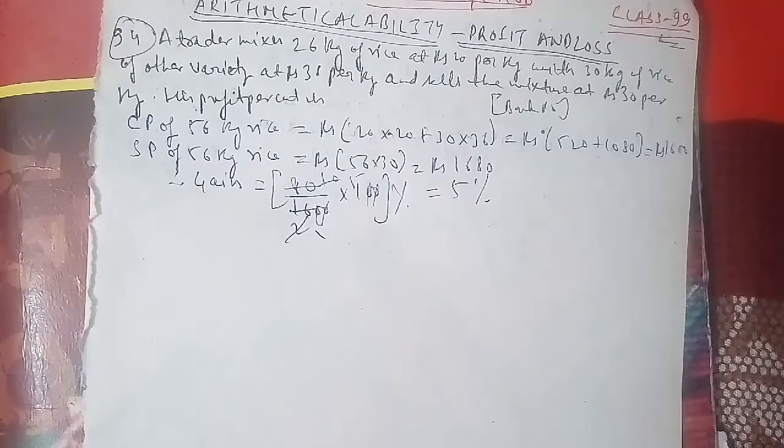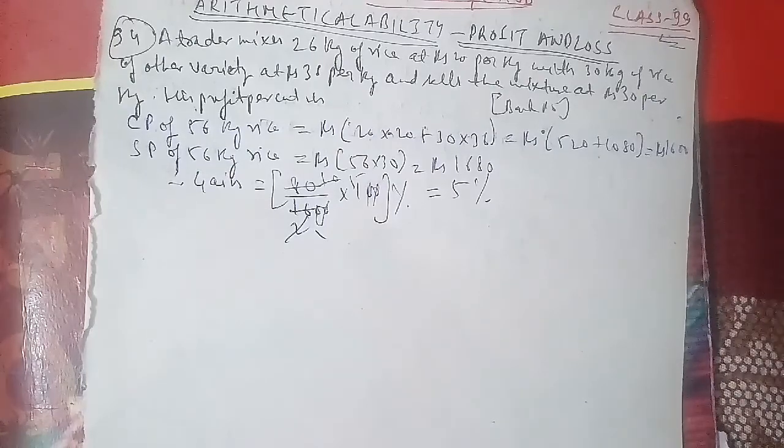Now we go ahead for the next question, the 95th question of the session. Arun purchased 30 kg of wheat at the rate of rupees 11.50 per kg and 20 kg of wheat at the rate of rupees 14.25 per kg. He mixed the two and sold the mixture.